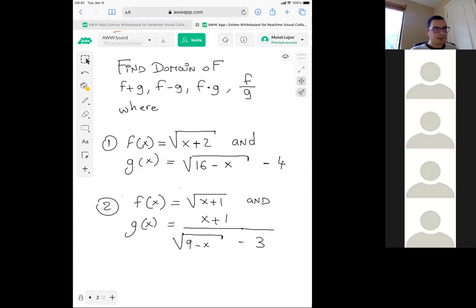Number 2. Yes, that would be the common domain for f and g. Yes, absolutely. The negative 216. Correct. Very good.